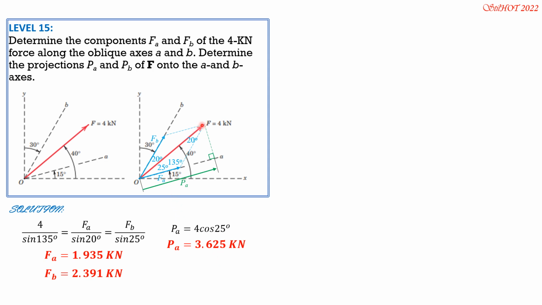Then we draw a line perpendicular to B first. Then this is P sub B, a right triangle with angle 20 degrees, and PB is adjacent, so it is 4 cosine of 20 degrees, which is 3.759 kilonewtons.